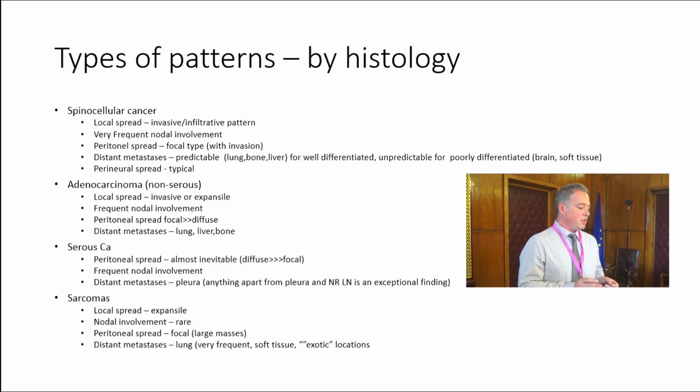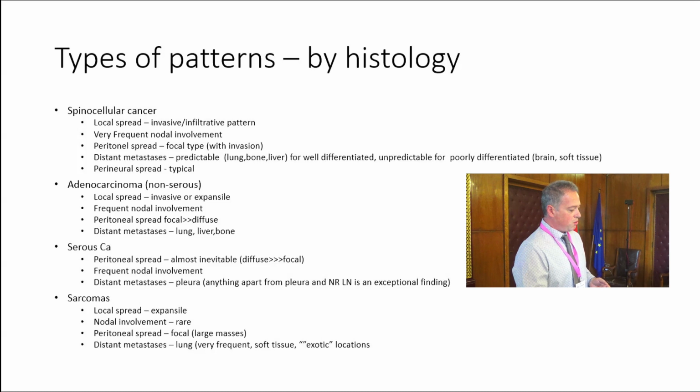The nodal involvement is frequent. The first distant metastatic site is pleural. Anything apart from pleural or lymph nodes is exceptionally rare for serous histologies. So be careful when your radiologist reports a 5 millimeter nodule in the lung to be a metastatic one.